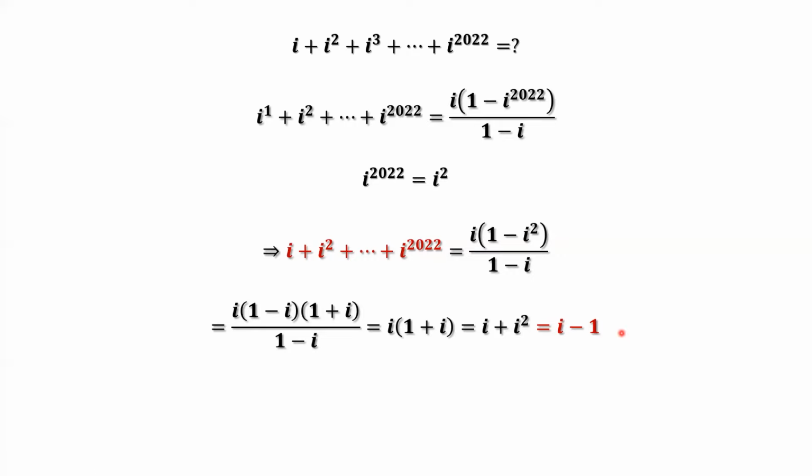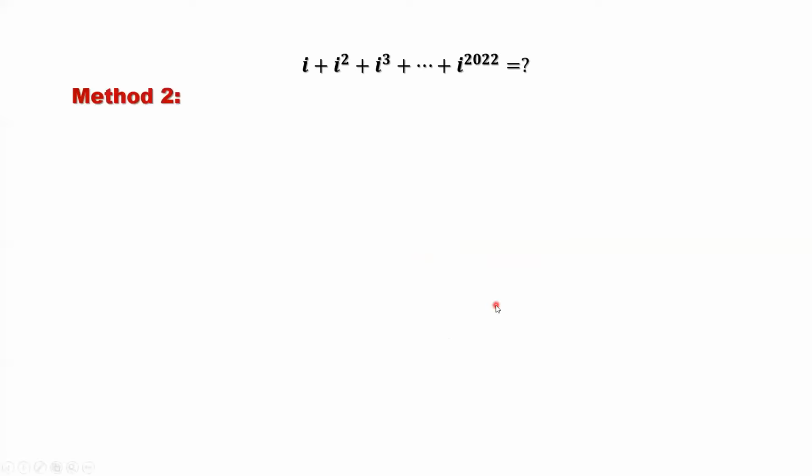Now we use the second method. This is a simple factor. The sum of the first four consecutive terms is 0: i, second term i squared equals -1, i cubed, we already derived that's -i, i to the power 4 equals 1.